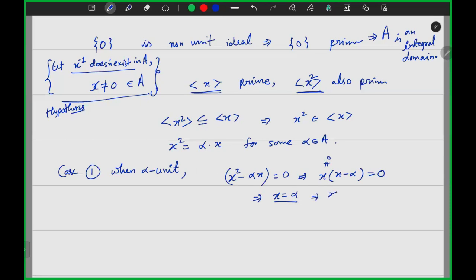This implies x is a unit. Contradiction, because we had taken x non-unit.